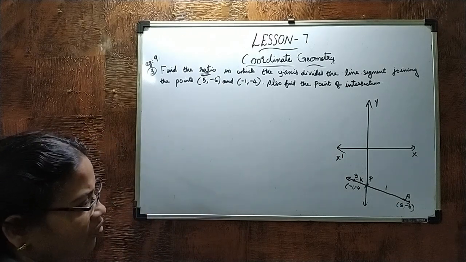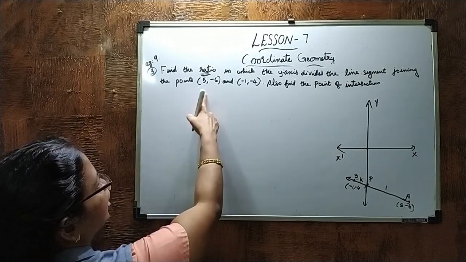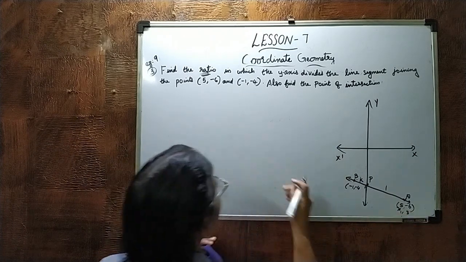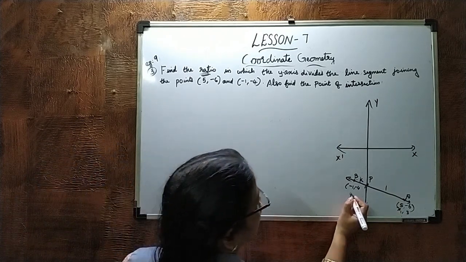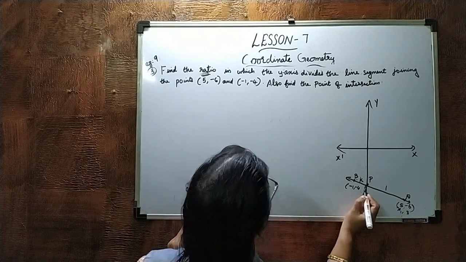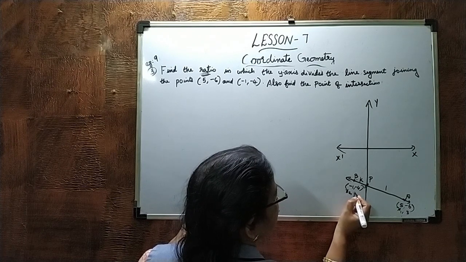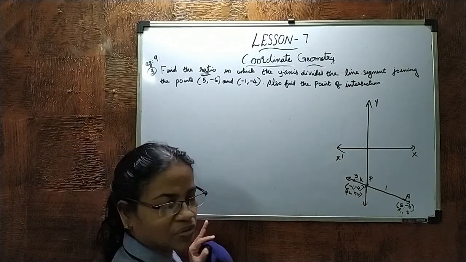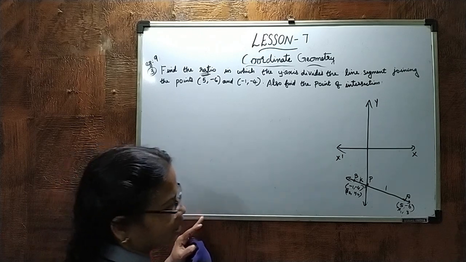Now we have to take the first one, 5, negative 6. So here this one will be x1, y1. And then next one, here AB is negative 1, negative 4. That is x2, y2. Okay. According to the question, we wrote it as x1, y1 and x2, y2, and then K is to 1.